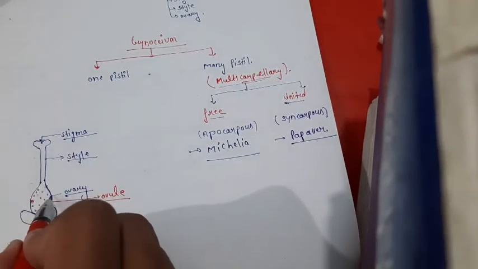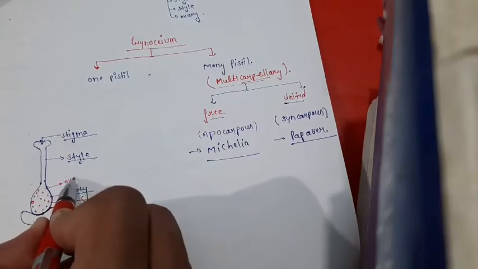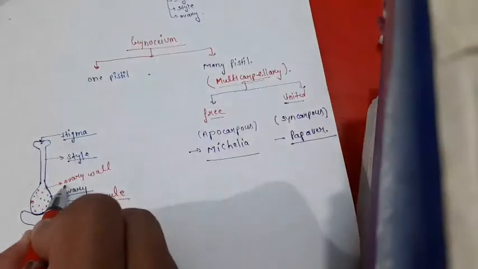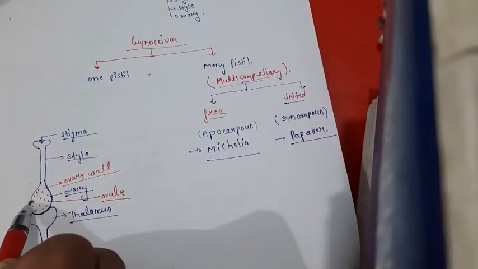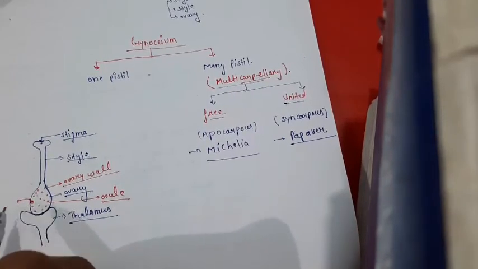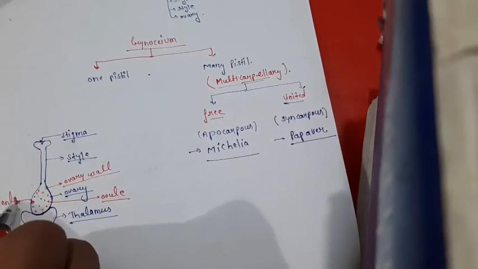What is this? It is ovary, and it is ovary wall. Okay friends, ovary wall. So when ovule is attached with ovary wall through placenta.